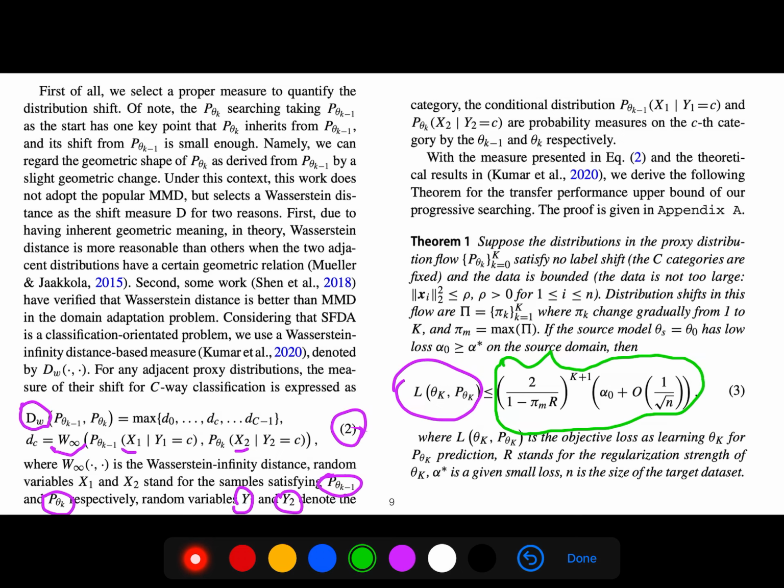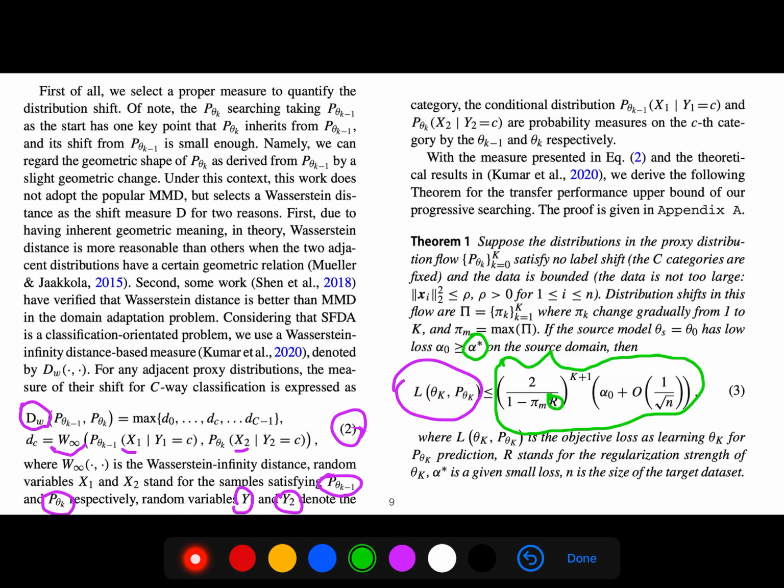So L is the objective loss as learning for p t sub k prediction. This R here stands for the regularization strength of theta sub k. So if the source model has low loss, greater than a threshold, then this loss is upper bounded by this.